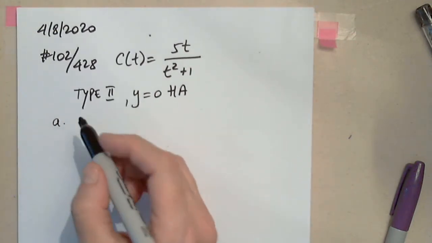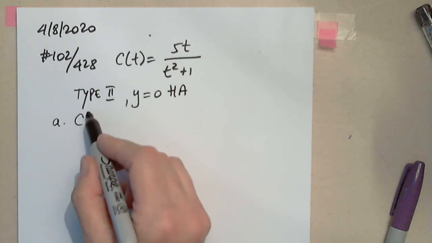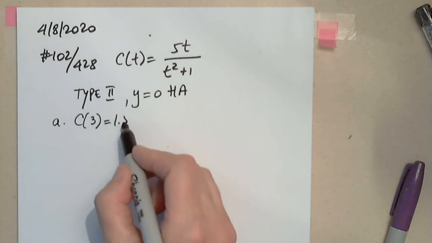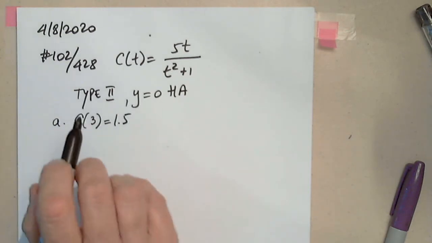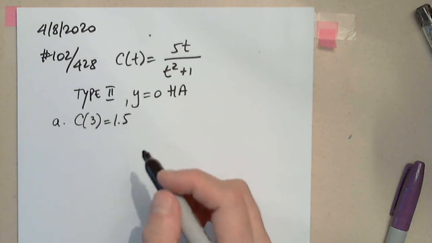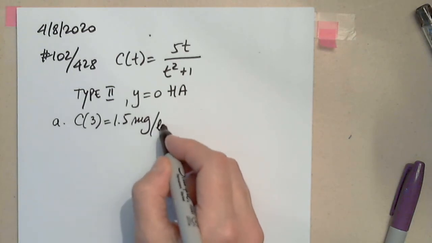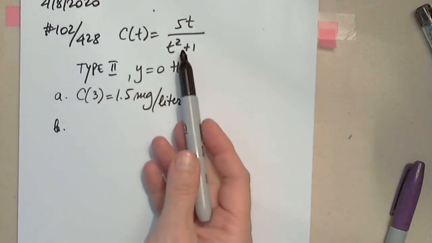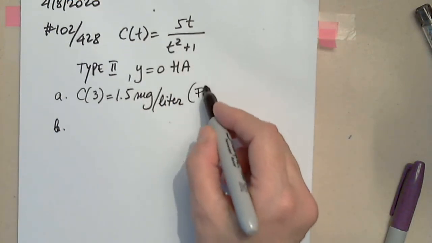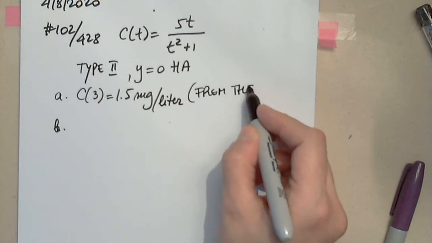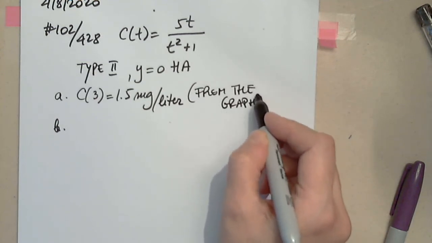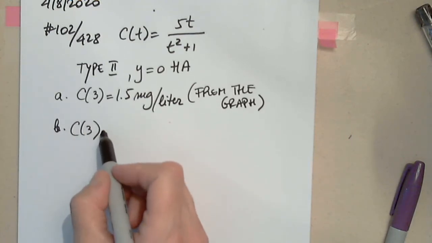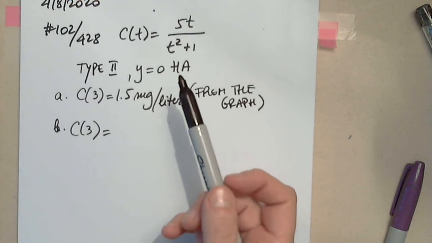And in part A, we're asked to find c of 3 from the graph. And we identified it as being 1.5 milligrams per liter. And in part B, they're asking us to use the function, not the graph. So this is from the graph. In part B, we are just going to determine c of 3 using the function.